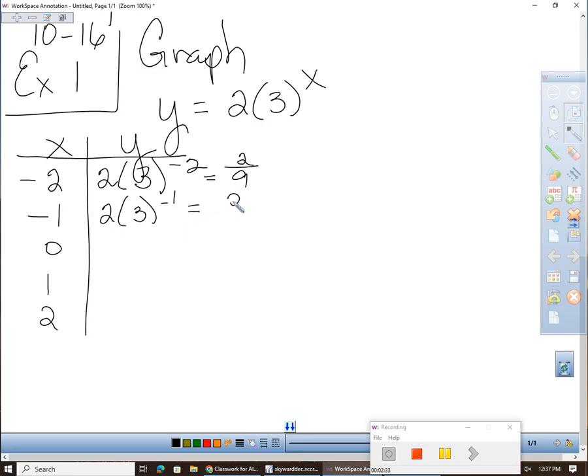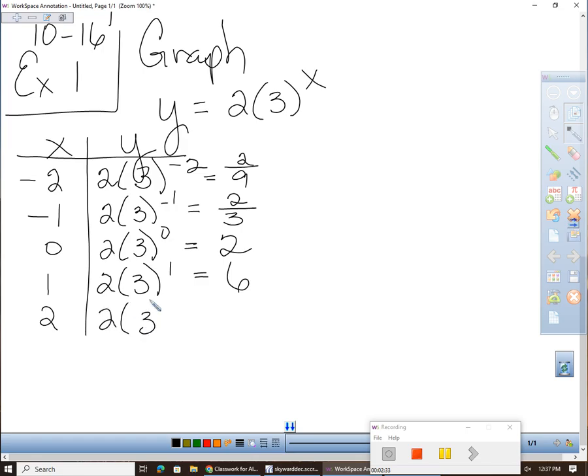This is 2/3. I have 2 times 3 to the 0. This is just 2. I have 2 times 3 to the 1st, which is 6. And then I have 2 times 3 squared, which is 18.